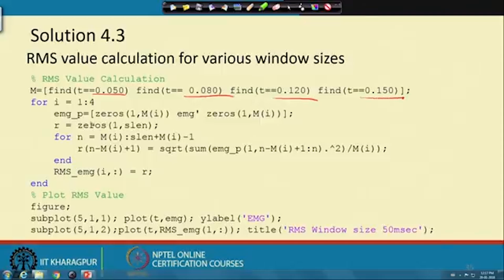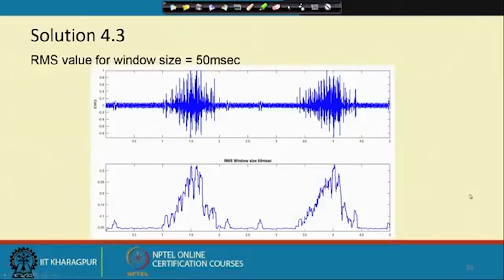After padding the input with an appropriate number of zeros at the beginning and at the end, we compute the RMS value and store it in the variable RMS underscore EMG, and we plot all of them together. The first one is our EMG, followed by our RMS output.